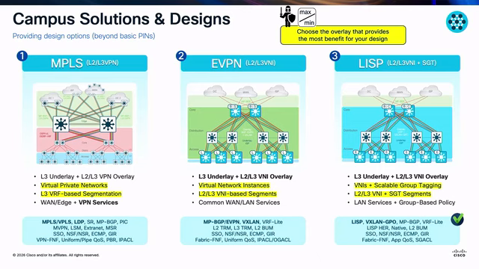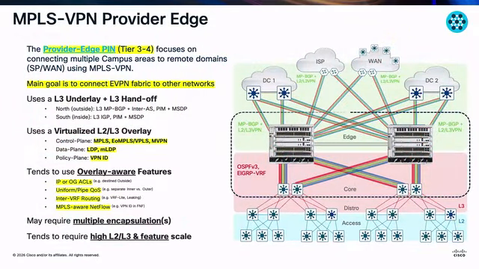Now, Lisp, again, this is not the master class, but the difference is a mapping system. And what we added for the first time with Lisp and software-defined access was also adding security group tags, SGTs, right? So not only can I carry the layer 2, layer 3 VRF, but I can also now carry this policy tag, right?